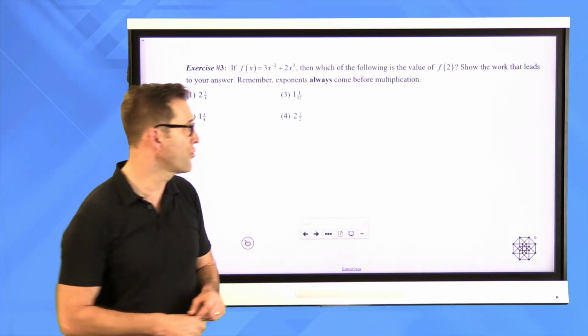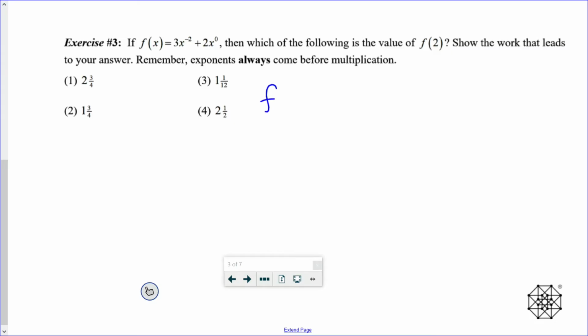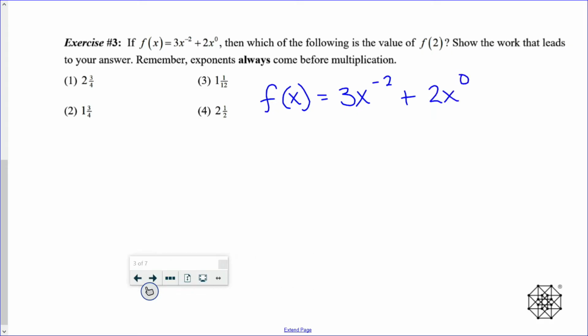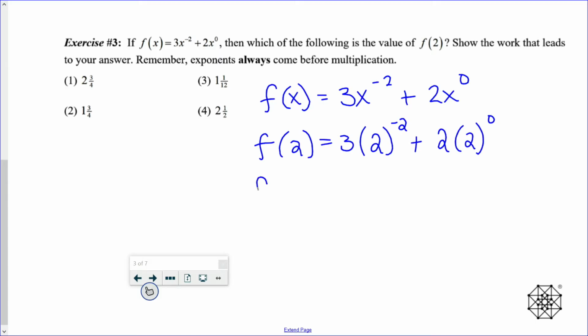All right, let's go through it. So what I've got is f of x equals 3 times x to the minus 2 plus 2 times x to the 0. All right, so f of 2 is going to be 3 times 2 to the minus 2 plus 2 times 2 to the 0. Now, 3 times 2 to the minus 2 is the same as 3 divided by 2 squared.